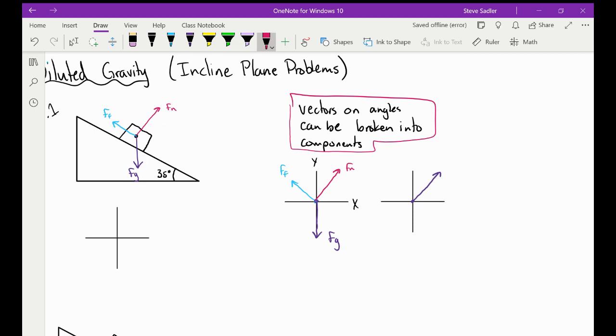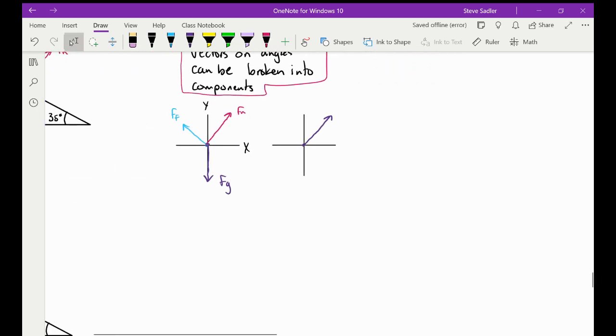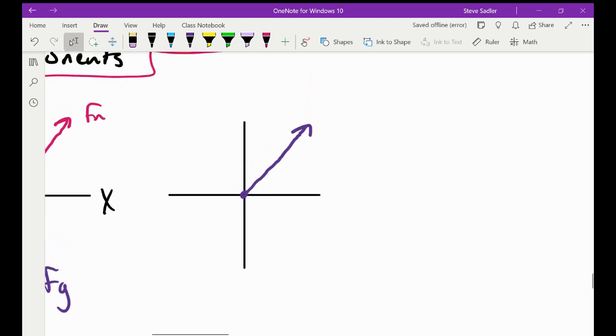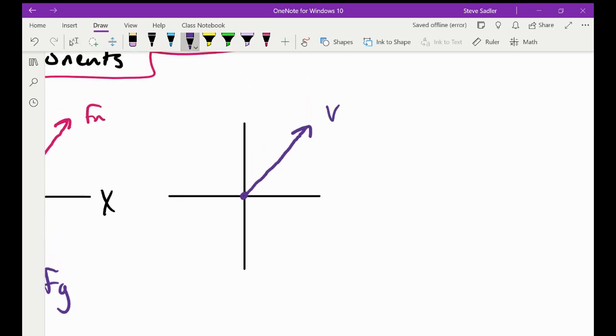Two-dimensional kinematics works this way as well, and if you do physics 12, you'll see a lot of this. What I mean by that is, let's zoom in on this purple one here. Let's say, for example, this is the velocity of a soccer ball that was kicked. The soccer ball was kicked at an angle. We know it's going to gain some height, and it's also going to gain some horizontal distance.